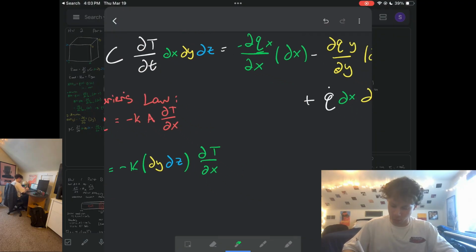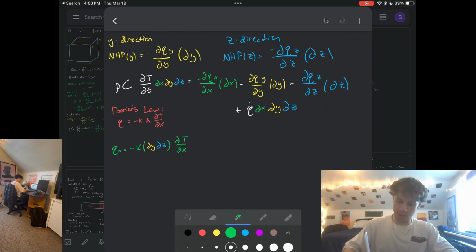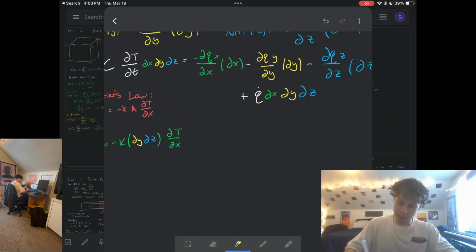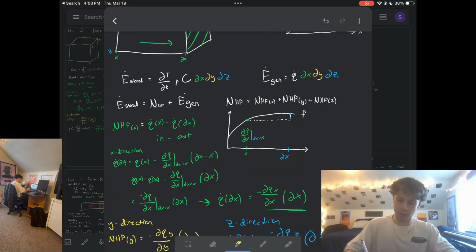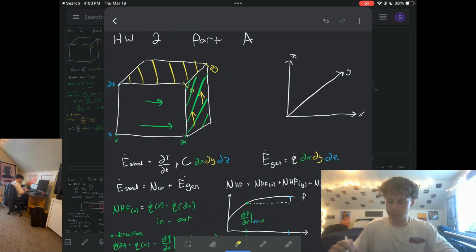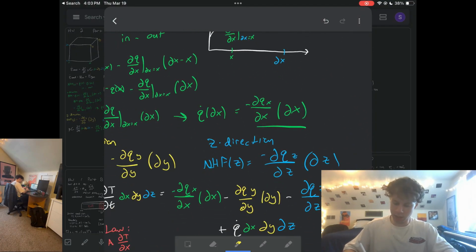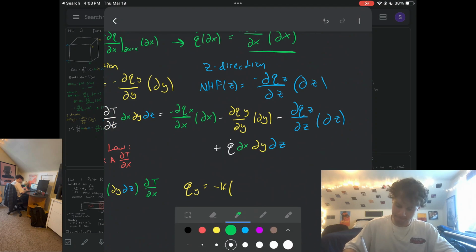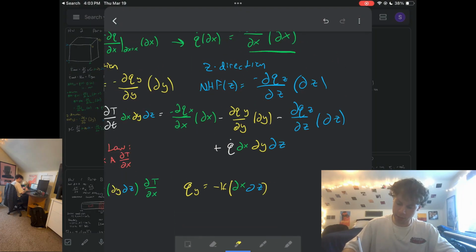Okay, and then for heat flow in the y direction, we'll get our negative thermal conductivity times, for our y direction, since we're flowing this way, we will use this surface, which is dx dz, times our temperature gradient as well.